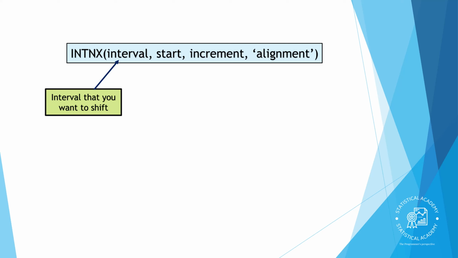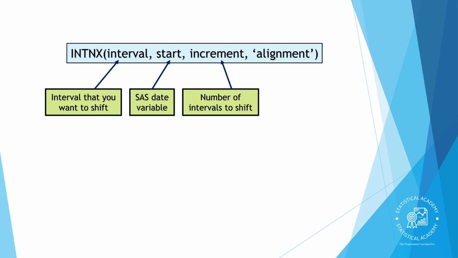You specify an interval such as week, month, year, or many others as the first argument, and the name of the SAS date variable as the second argument. The third argument is the increment number, which represents the number of intervals to shift the value from the start date. The optional fourth argument controls the position of SAS dates within the interval. Let's look at this in a demo and see how different values for each of the arguments impact the dates that are returned.